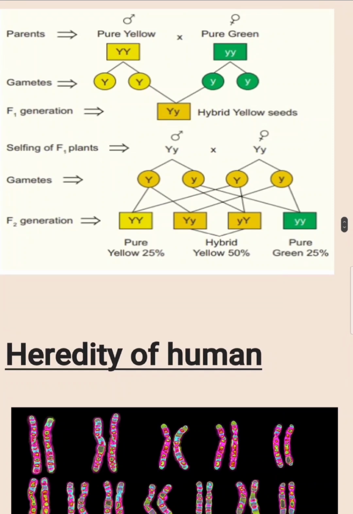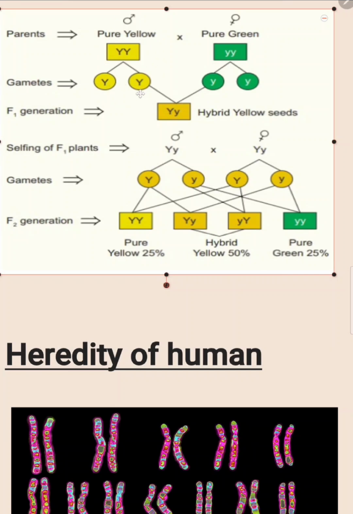Another example is the pod color. The pure yellow pod color has capital Y. Pure green is simple Y. Here you can see from the letters that pure yellow is the dominant character.